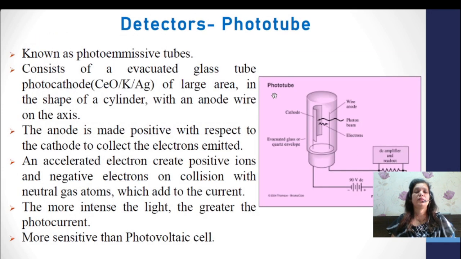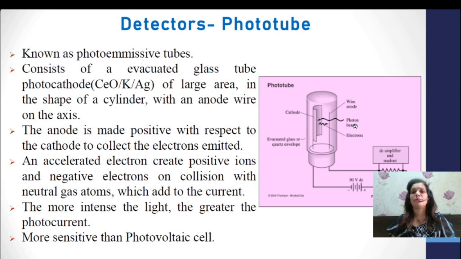Second detector, that is the phototube. If you see, photons are converted into electrical energy. It is a glass evacuated tube, consisting of a photocathode made up of selenium oxide or potassium or silver, having large surface area compared to the anode, which is acting as an electron collecting electrode.